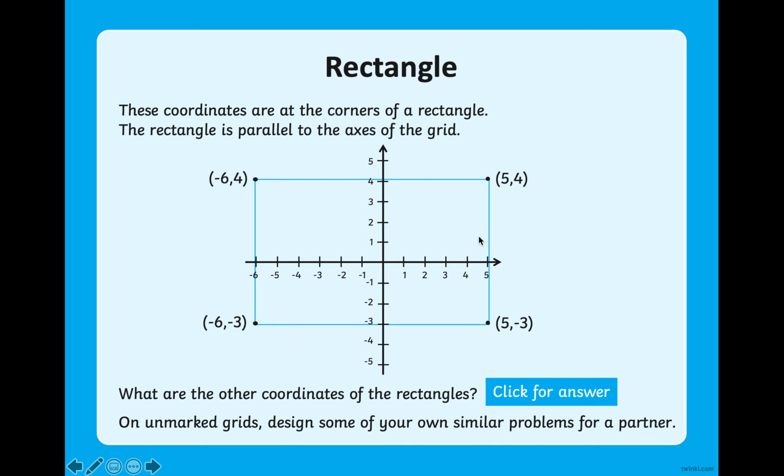So you see that some of the points need to repeat, such as the x points: -6, -6, 5, 5, and the only one that is altering is this one, which is 4, and this one needs to be at the same level, which means the same point on the y. This one needs to have the same point on the x.